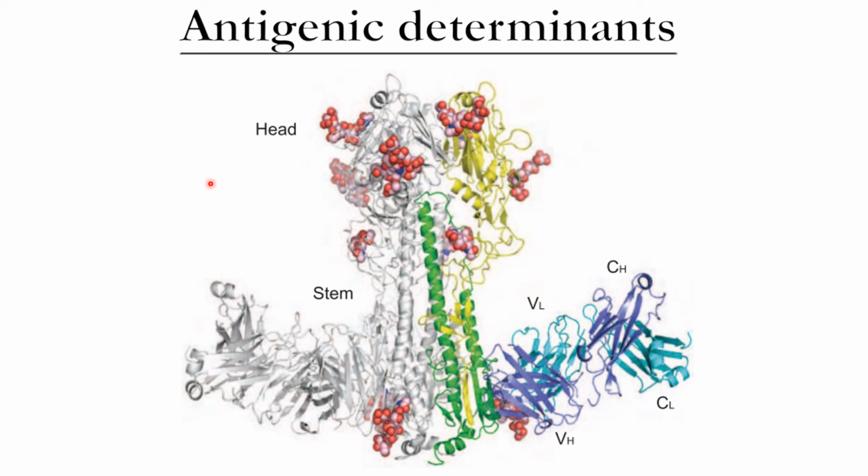In the latter case, the two Fab fragments cross-link the two monomers so that the HA molecule cannot undergo an acid pH-induced conformation change.